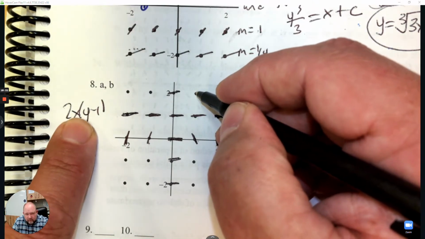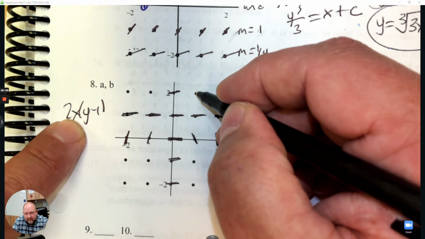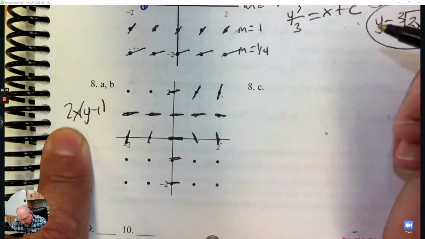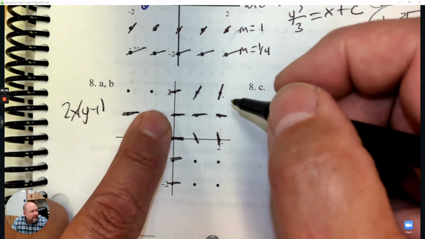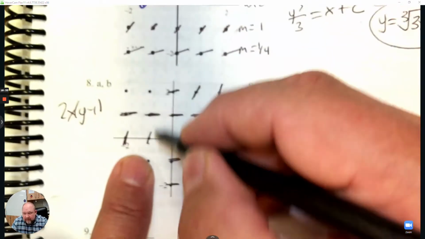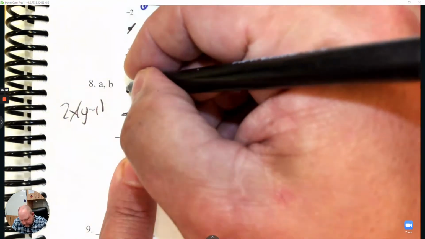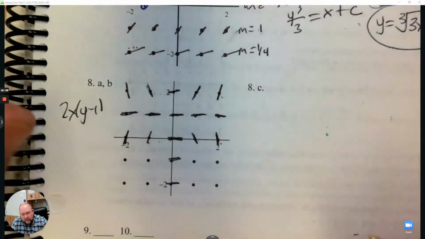1, 2 is 2 times 1. And then these slopes, when I put in -1, 2, it'll mirror the other way. So there's a negative slope.